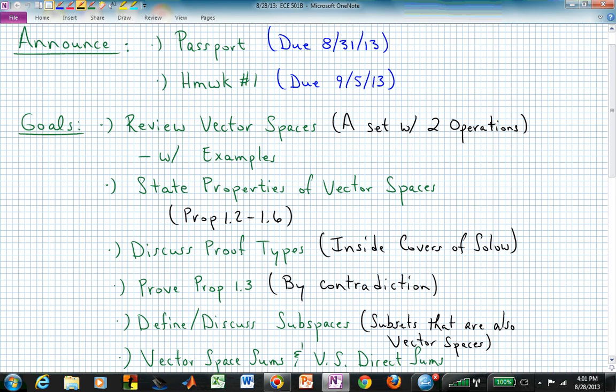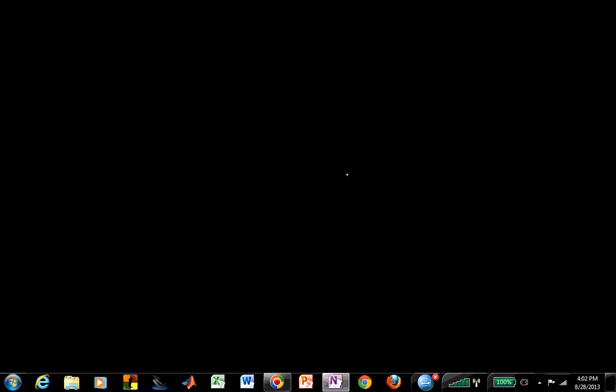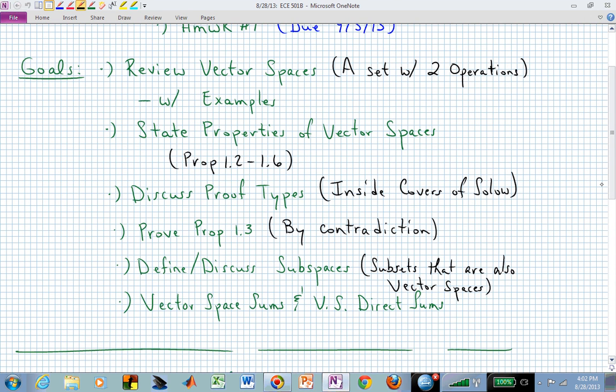What I want to do today is try to finish chapter 1 of Axler. Let's remind ourselves of where we're at, try to keep thinking about vector spaces, and maybe try to keep those more general than this column of real numbers.